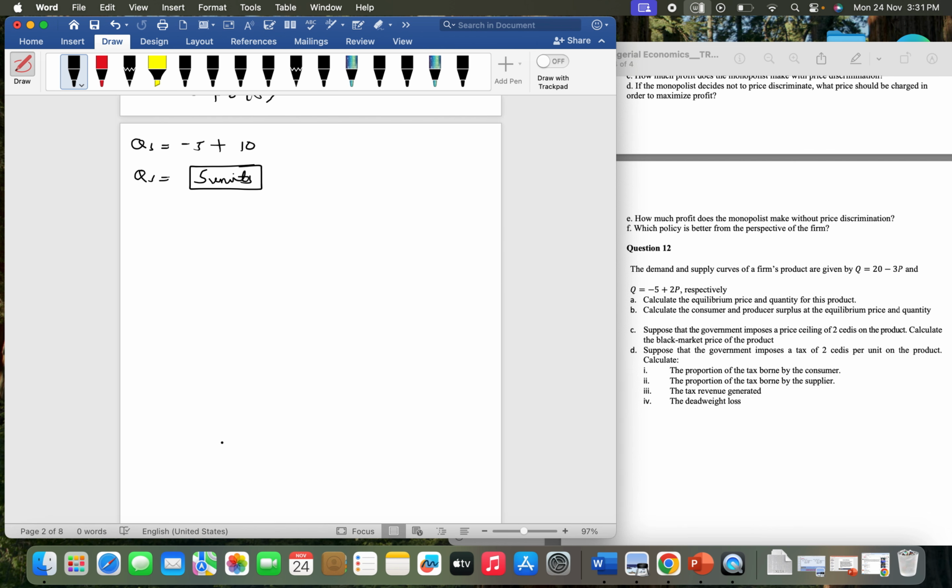So I'm moving to the B part of the question. Calculate the consumer and producer surplus. B is consumer and producer surplus.